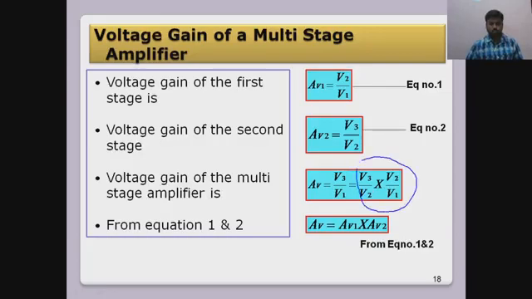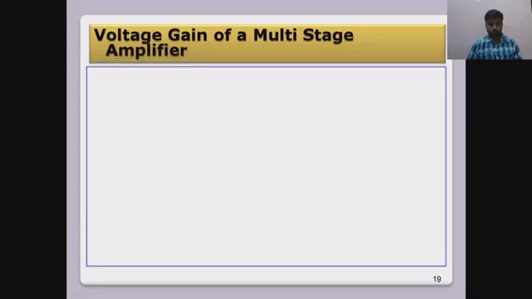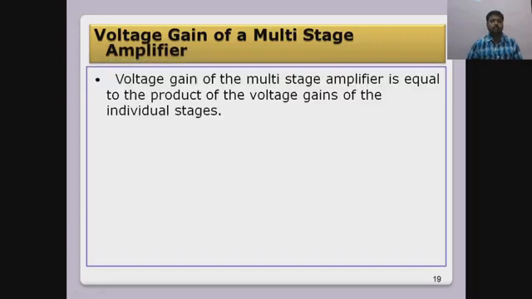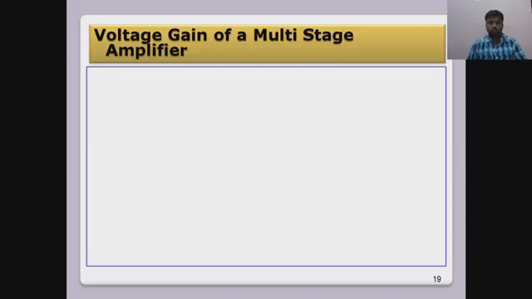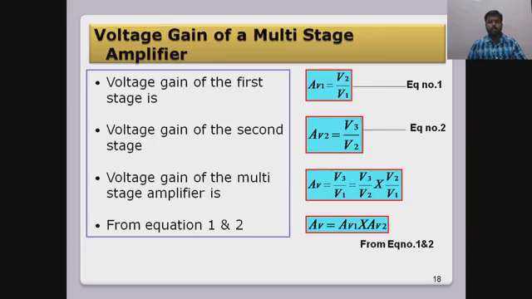So AV now becomes AV1 into AV2. The voltage gain of a multi-stage amplifier is equal to the product of the voltage gains of the individual stages. See, if you observe from the previous one, the voltage gain of the multi-stage amplifier is the product of gains of individual stages.